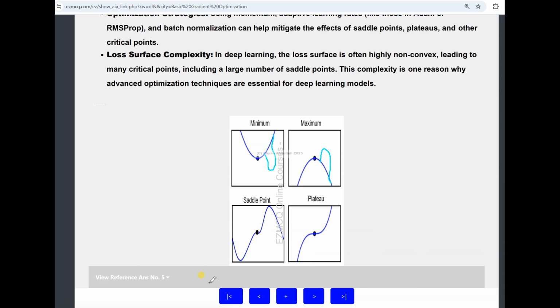Okay, so what are saddle points? First, saddle points are flat regions, where the gradient is zero, because you see this is kind of straight. Let me close this. Just a second, please. So what is a saddle point? A saddle point is a region where the gradient is zero. Okay, it is not the minimum.